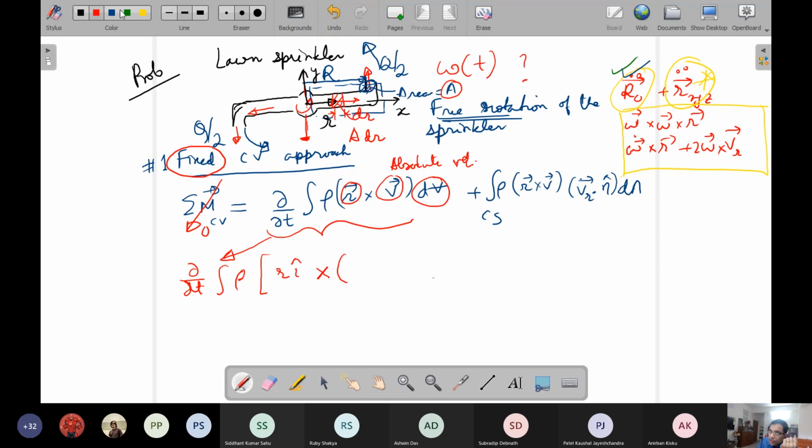So you have to imagine it in this way: if there is a coincident point at that radial location, even if there is no relative velocity, the fluid at that point will have a velocity because of the rotation of this rotating arm, and that is nothing but omega cross r. This is just like V equal to omega r. So let us write it more formally.